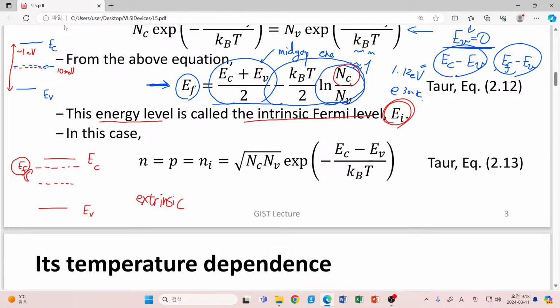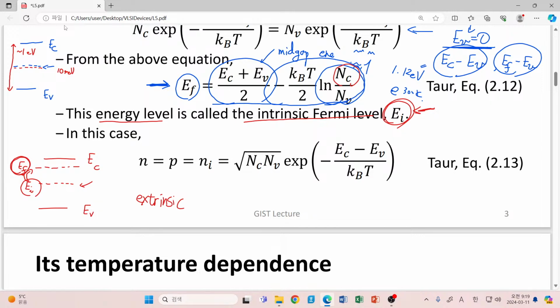Although our Fermi level does not actually correspond to the intrinsic Fermi level, even in that case we can imagine there will be a certain energy level corresponding to an intrinsic material. This is not really existing, but we can imagine it. The reason I'm talking about this quantity is that it is the reference energy for our later discussion.